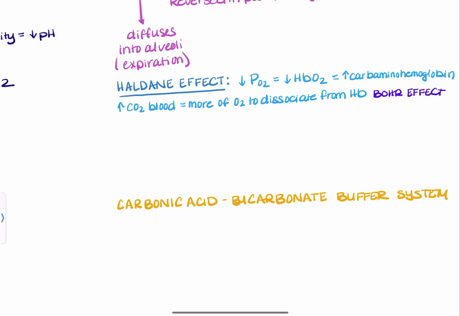It's in play with the Haldane effect. So because now we have low levels of oxygenated hemoglobin because the high carbon dioxide caused a ton of the oxygen to dissociate from the hemoglobin, now we have low levels of it, which means that now we can make more carbaminohemoglobin.